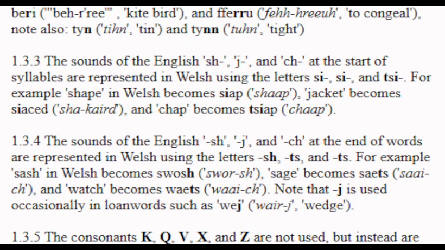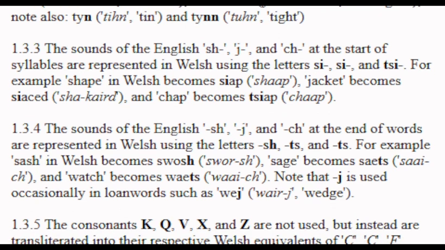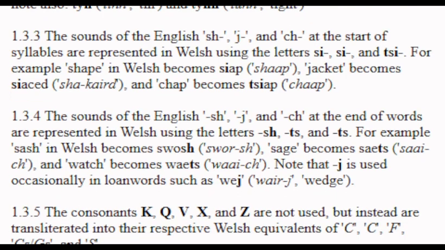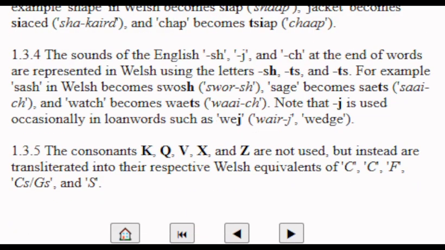Note that J is used occasionally in loan words such as wedge, wedge. The consonants K, Q, V, X, and Z are not used, but instead are transliterated into their Welsh equivalents of C for K, C for Q, F for V, CS or GS for X, and S for Z.